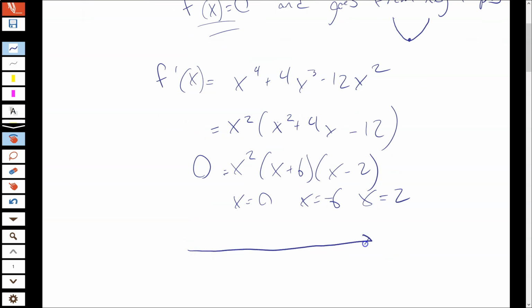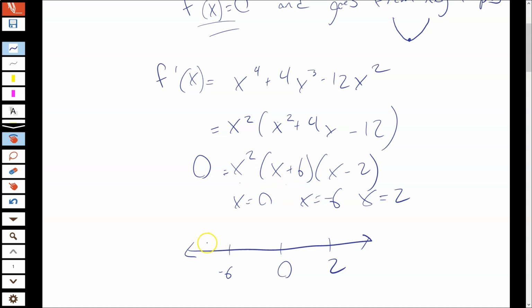And then I make a sign chart, and I want to make sure I go from left to right, so I'm going to start with -6, 0, and 2. And remember, the way I figure out my sign charts is by plugging in numbers. Okay, so I might plug in -7 here, and -7 would get me a positive times a negative times a negative.